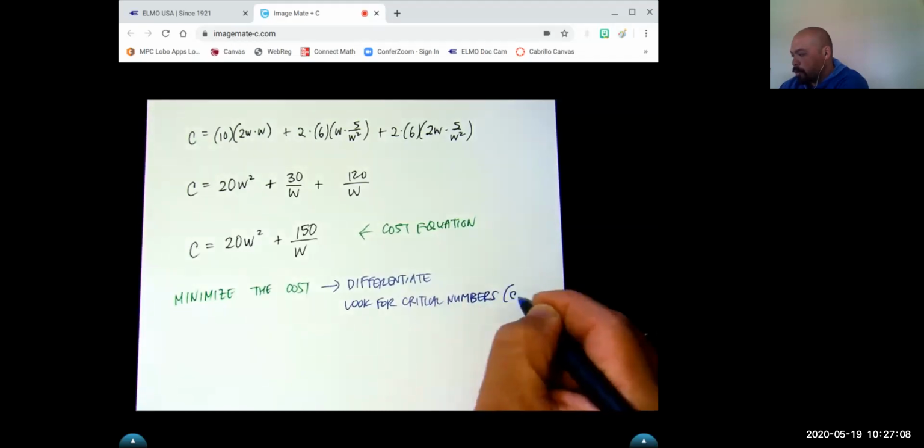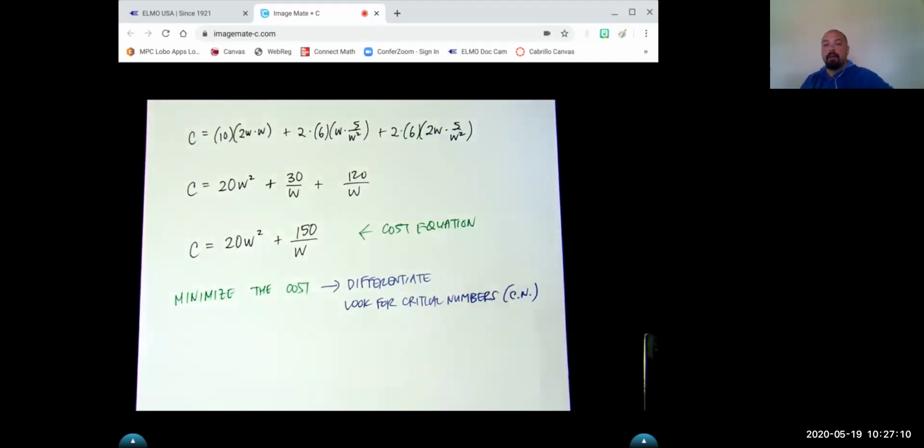Okay. And then through, whether it be first derivative test, second derivative test, other means, we can look for that max, min. Okay. Or determine those critical numbers, our maximum or minimum. All right, so let's go.